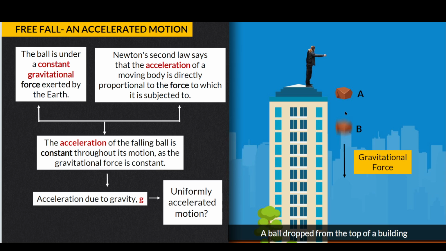Now Newton's second law says that the acceleration of a moving body is directly proportional to the force to which it is subjected. Suppose I increase the force, so acceleration is also going to increase. This is what Newton's second law of motion says. Acceleration means change in velocity with time.